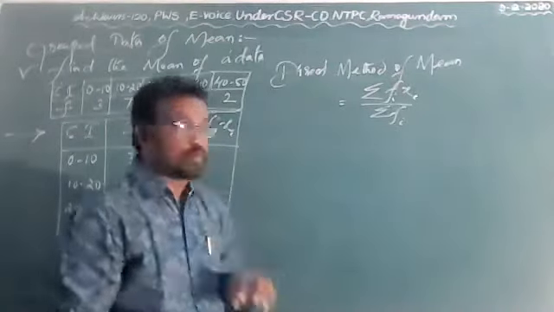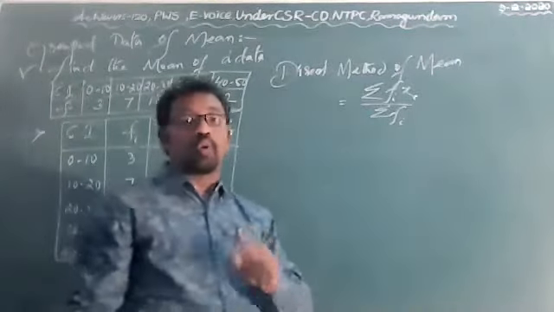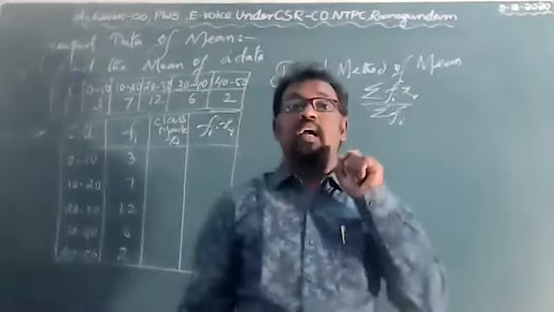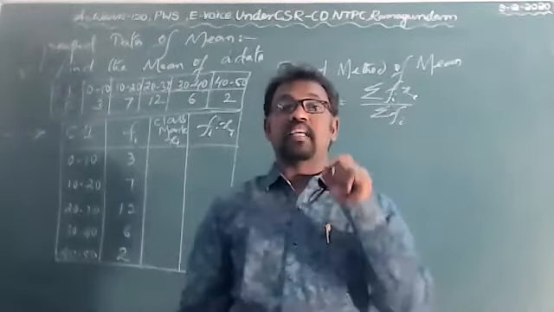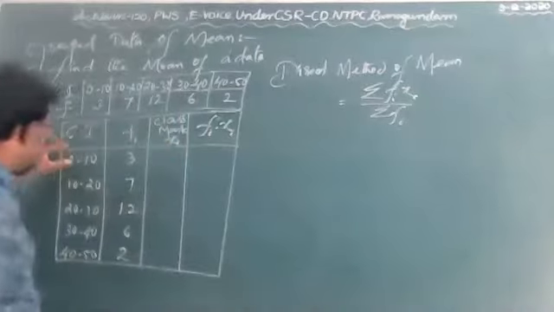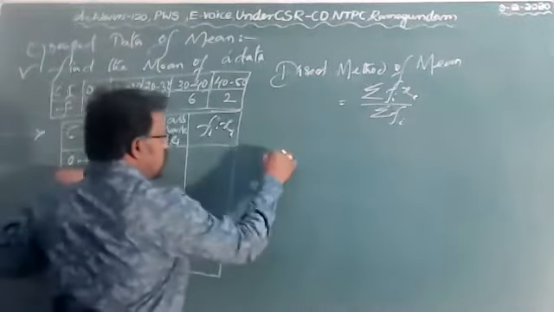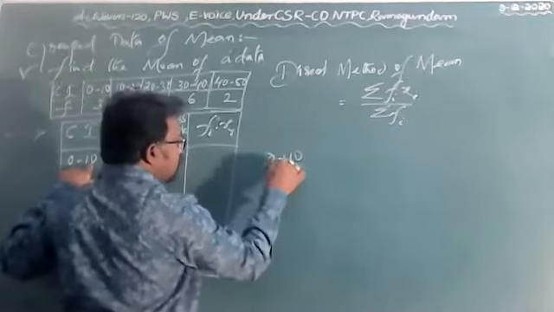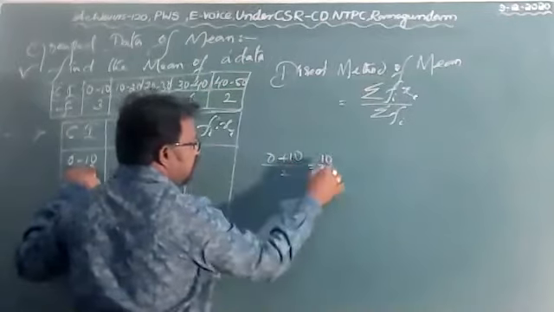x is the class mark. How do we find the class mark? It is the average of the class interval. For the class interval 0 to 10: 0 plus 10, two observations, divide by 2. 10 by 2 is 5.